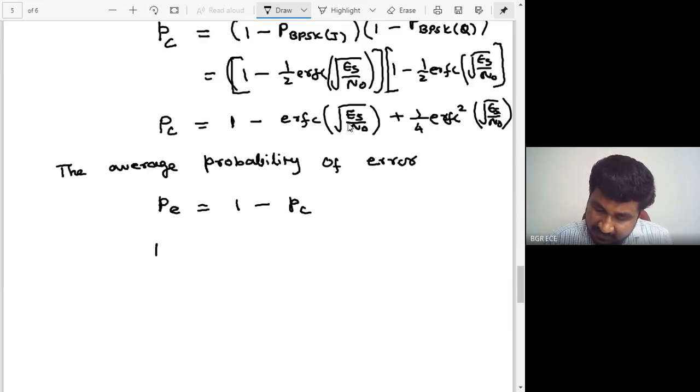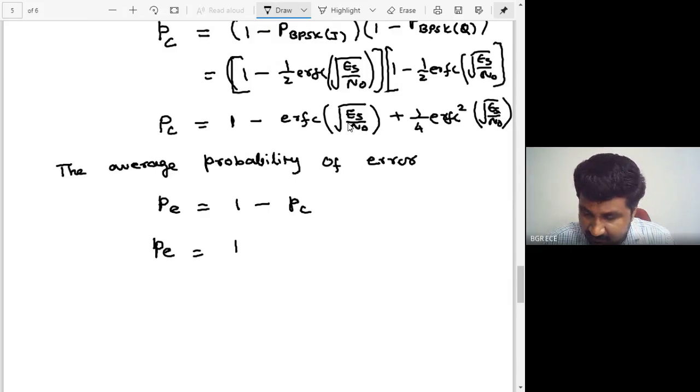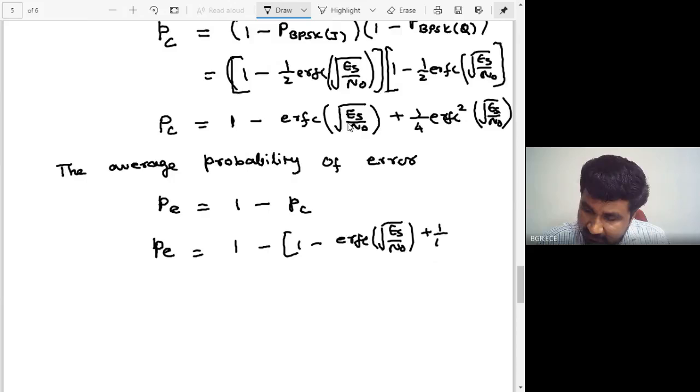So 1 minus the whole expression, where the 1 will get cancelled.